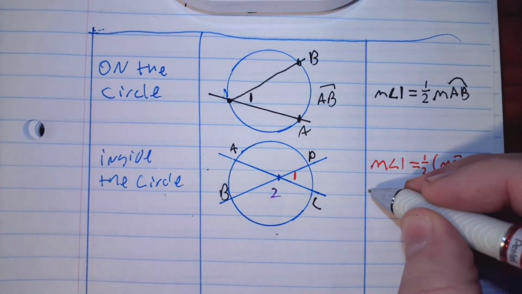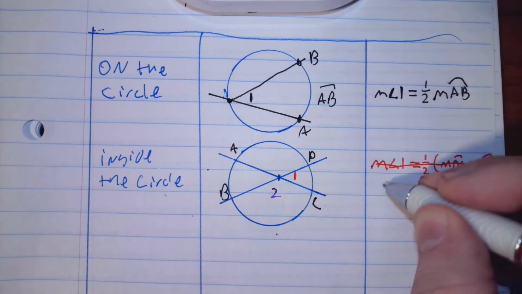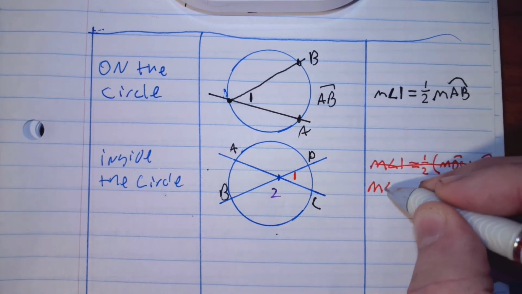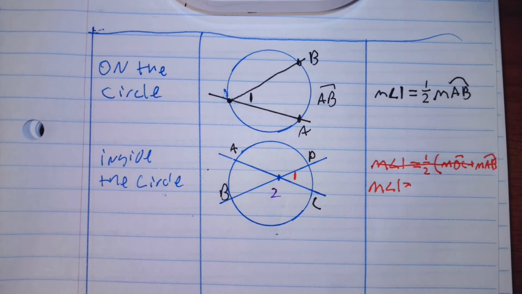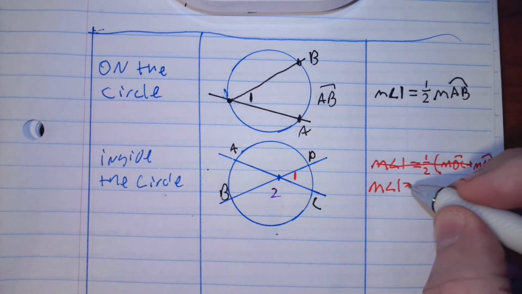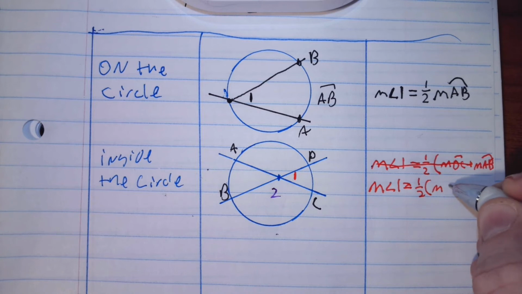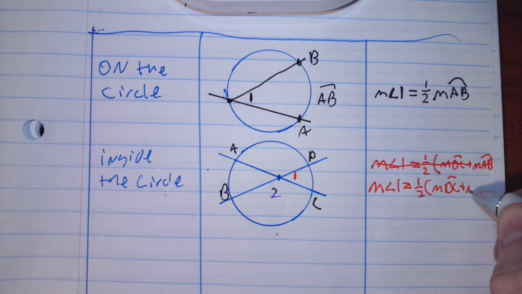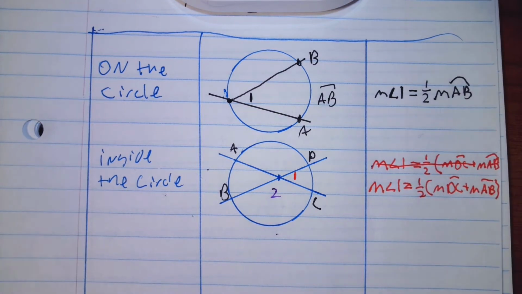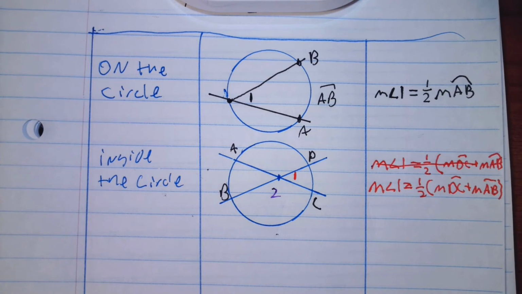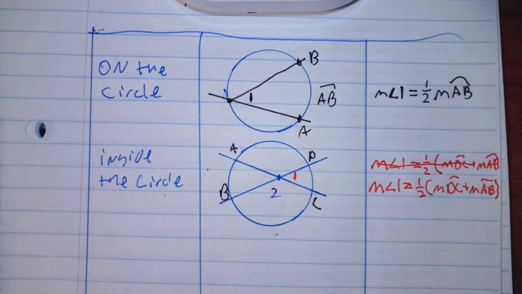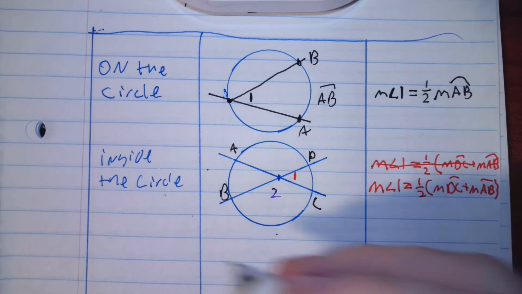Okay, let me write that a little better. I ran out of room with my camera. 1/2 measure of DC plus measure of AB. There we go. All right, so that's what that is. It is a plus, so make sure you get this plus. It is also in your book on page 507.